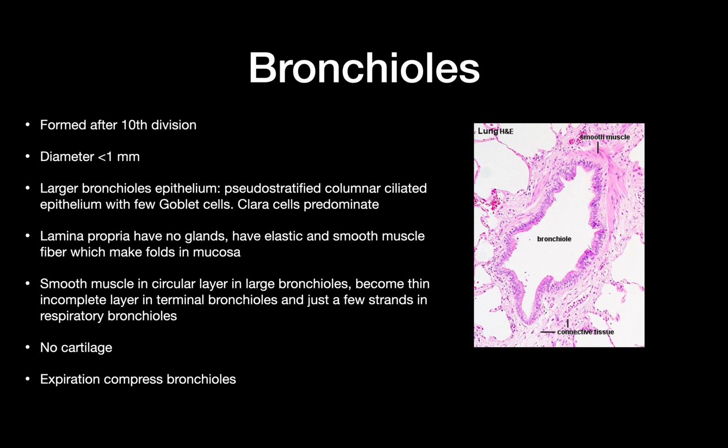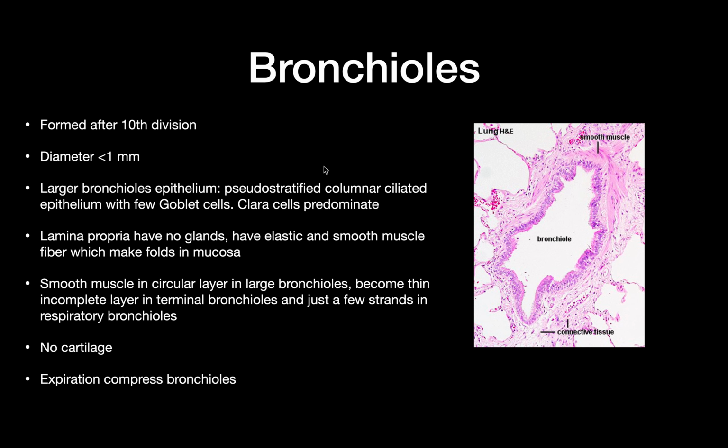The bronchioles are formed after the 10th division of the bronchi, into lobar, the respiratory, and then the terminal. After 10 divisions, you go into the bronchioles. They're really small, and the larger bronchioles have epithelium made of pseudostratified columnar.